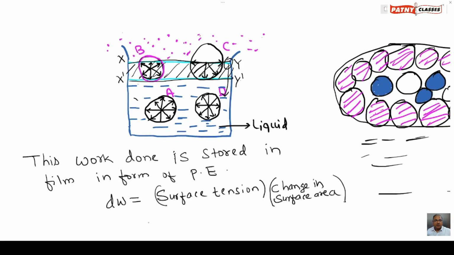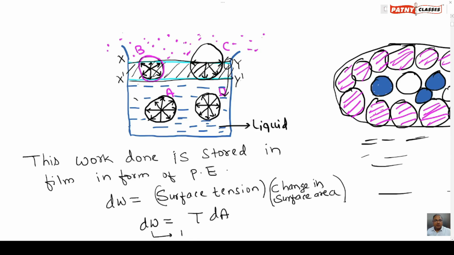The value of the work done depends upon two factors. One is the surface tension of the liquid, and the second is the change in the surface area. Therefore, dW is nothing but the product of surface tension and change in the surface area.